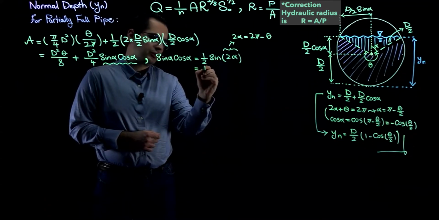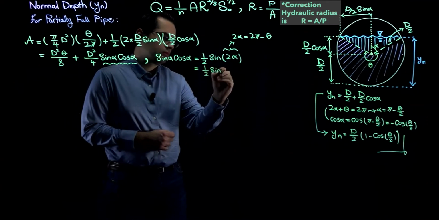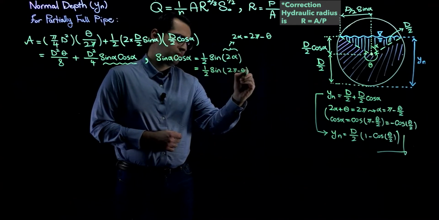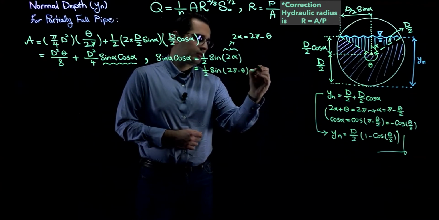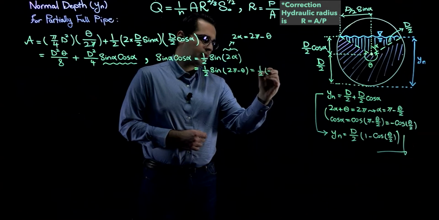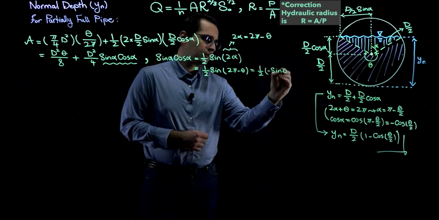This would be equal to, and from trigonometry, this is going to be 1 over 2 times negative sine of theta.